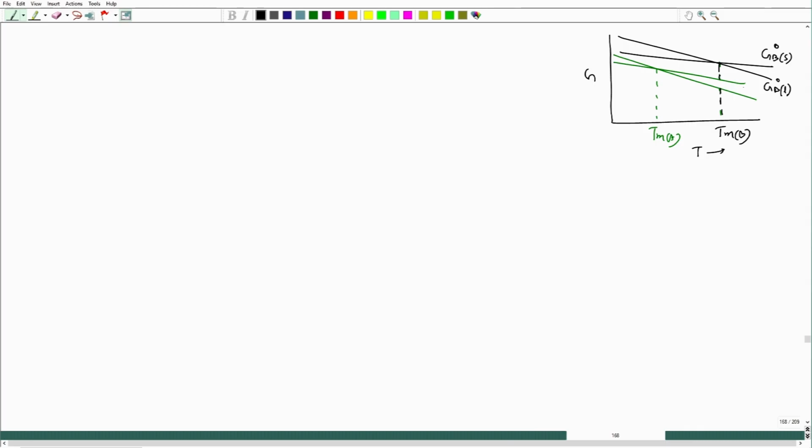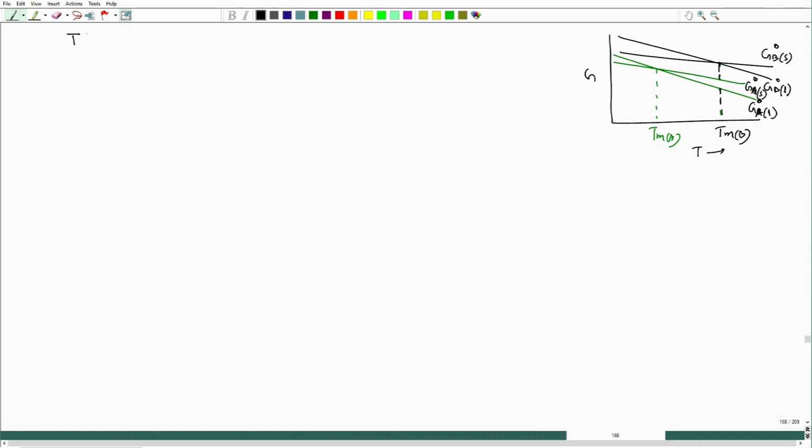Okay, so, that is the reference, this is G A naught of solid, this is G naught A of liquid. We will follow the same reference, and now we will reduce the temperature.